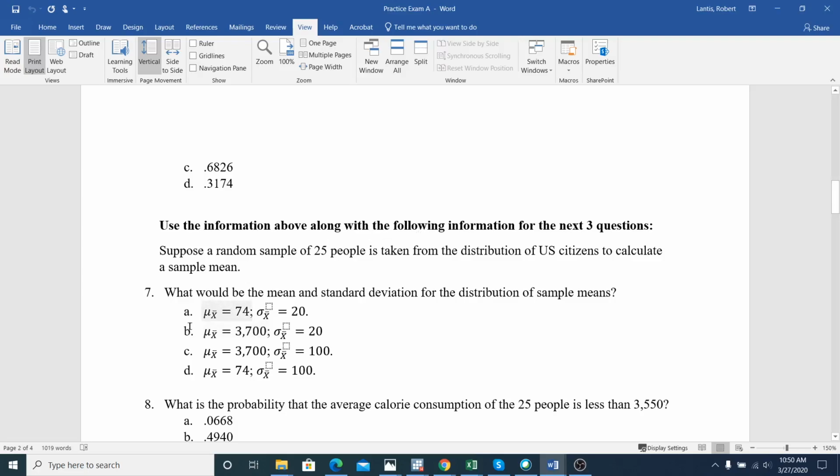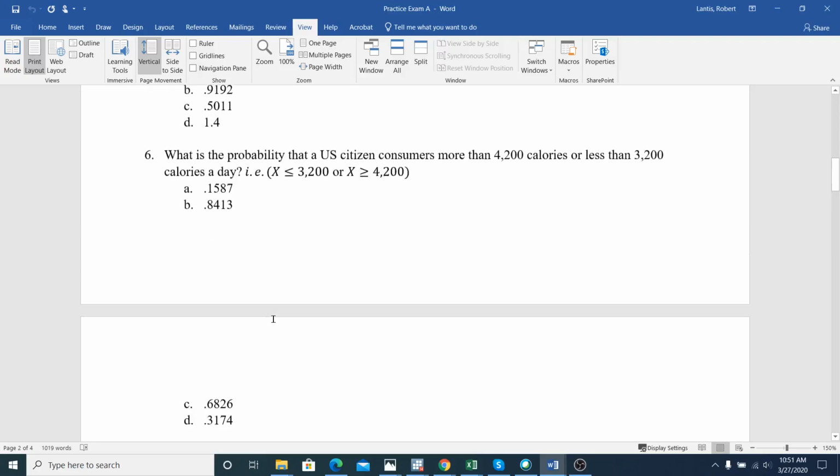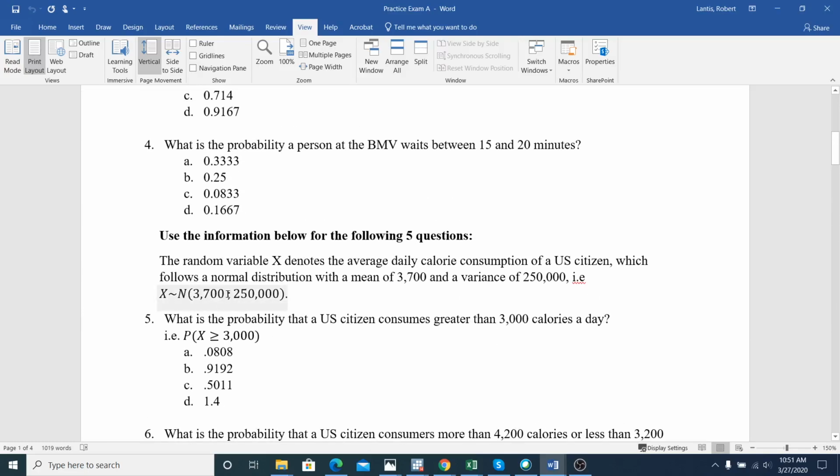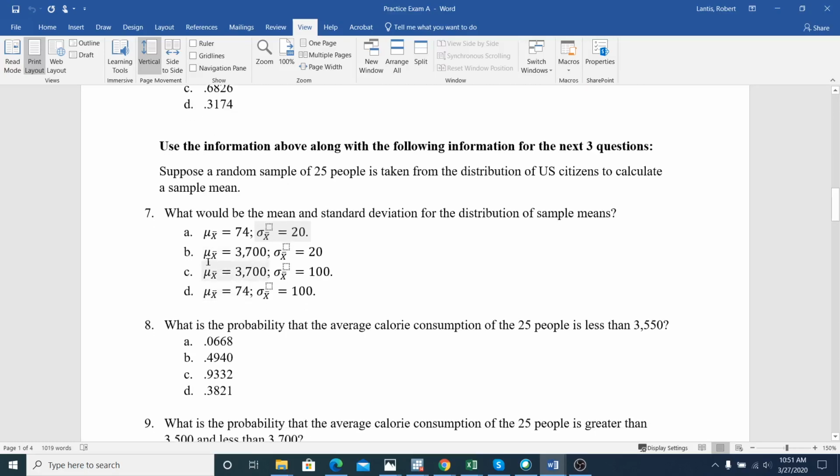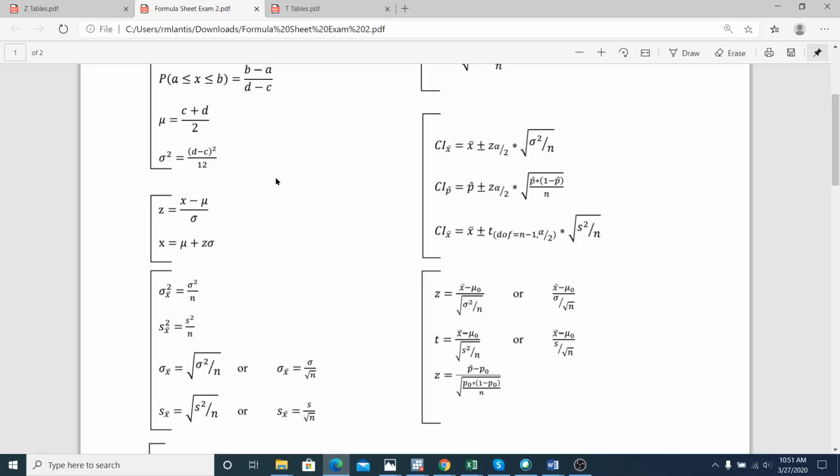So I know the mean of my sample means should just be the mean of the original data I sampled from. So that'd be 3,700. So B or C here has to be the answer. Now the standard deviation, if we look at that formula sheet, it's the square root of the variance over the sample size.